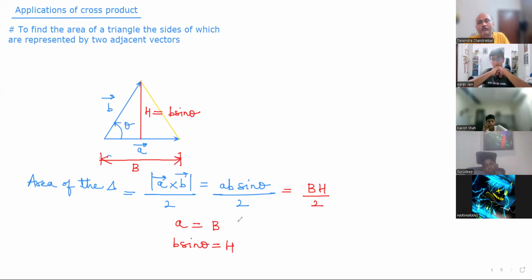So this is how we can find the area of a triangle, the sides of which are represented by two adjacent vectors. Understood, all of you? Please make notes. Write it quickly.